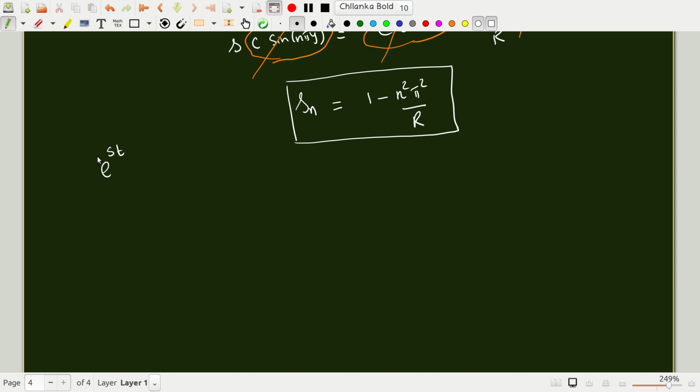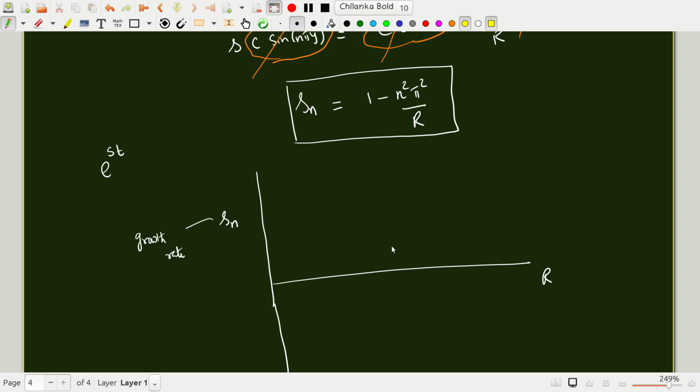So you could plot s as a function of the parameter r. Okay, this is the growth rate or the eigenvalue Sn.